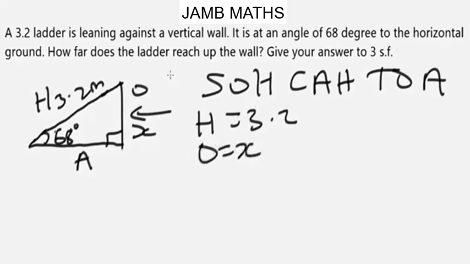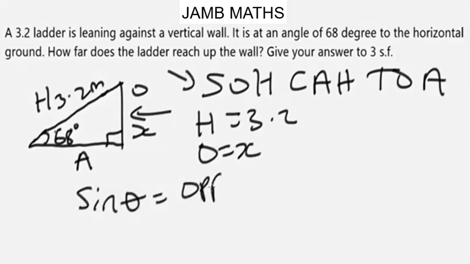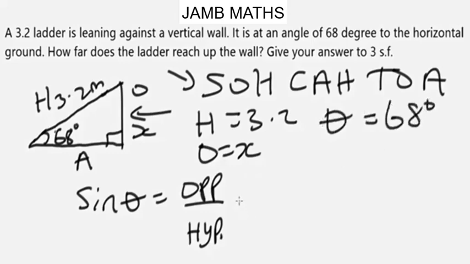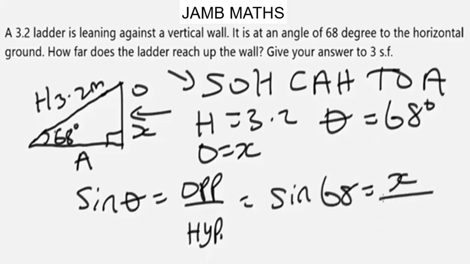So from this we're going to work with sin theta equals opposite over hypotenuse. So when you plug in the values, remember our theta is 68 degrees, so that's going to give us sin 68 equals the opposite we are looking for, x, over the hypotenuse, which is 3.2.